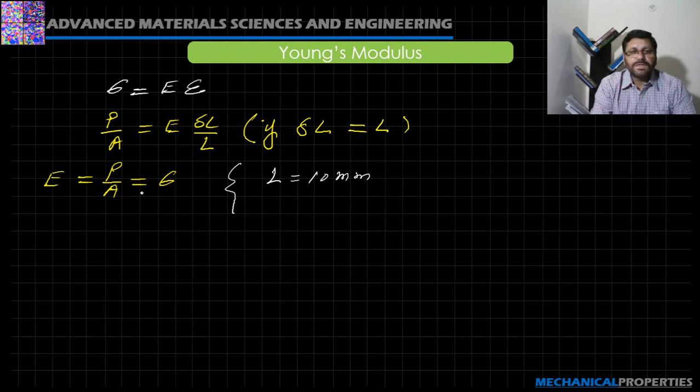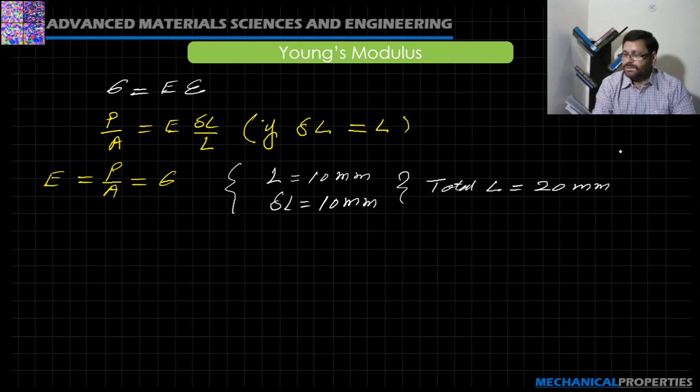after application of the same stress as the value of this modulus of elasticity, Young's modulus, the del L is going to be 10 millimeter. So the total length is going to be 20 millimeter. So the application of stress equal to Young's modulus doubles the length of that very specimen of the material.